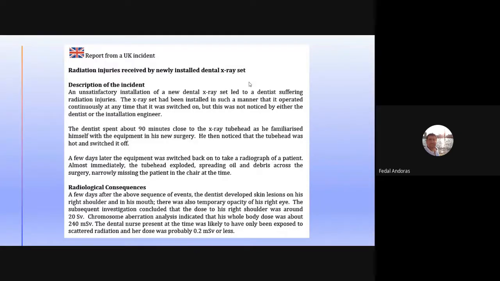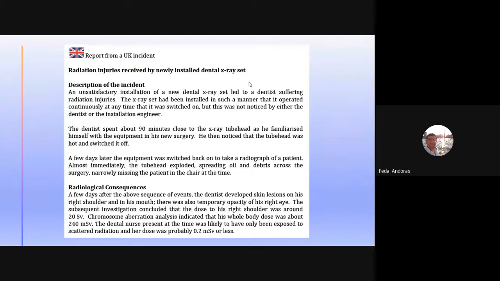An unsatisfactory installation of a new dental X-ray set led to a dentist suffering radiation injuries. The X-ray set had been installed in such a manner that it operated continuously at any time that it was switched on. Do you remember when I said, when the switch on the board is on, try to make the switch off on the control panel?